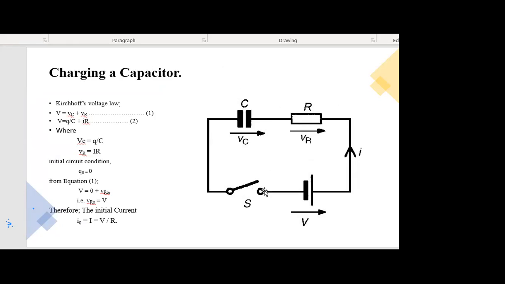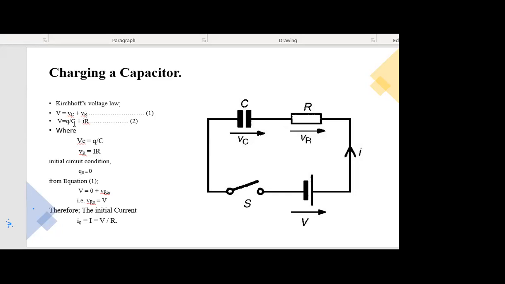When you close the switch here, using Kirchhoff's voltage law, V, the DC voltage, will be equal to the voltage across the capacitor plus the voltage drop across the resistor. So that is equation 1.